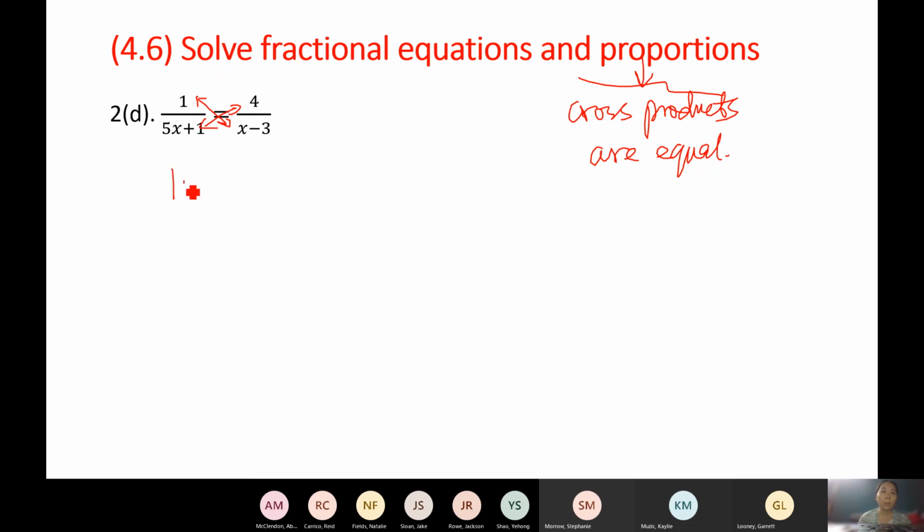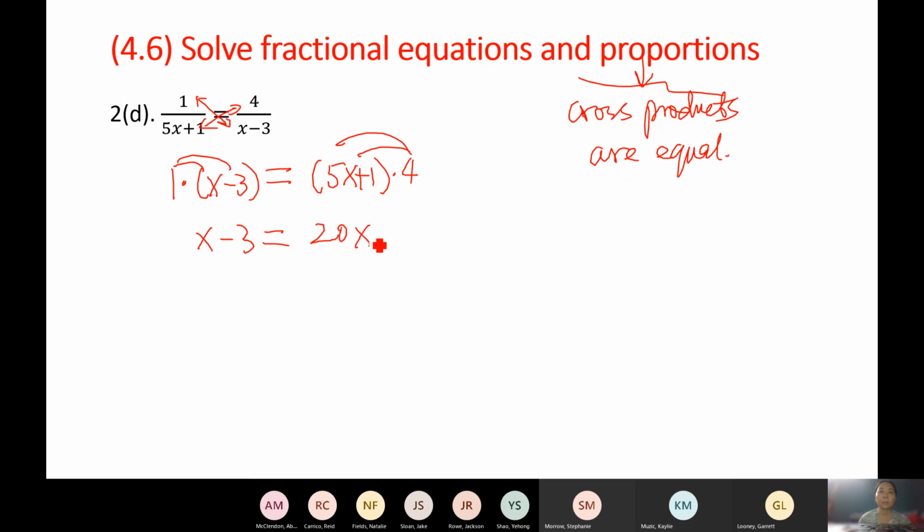Multiply top 1 times bottom x minus 3 equals the bottom 5x plus 1 times the top 4, and distribute. Okay, now we combine like terms.